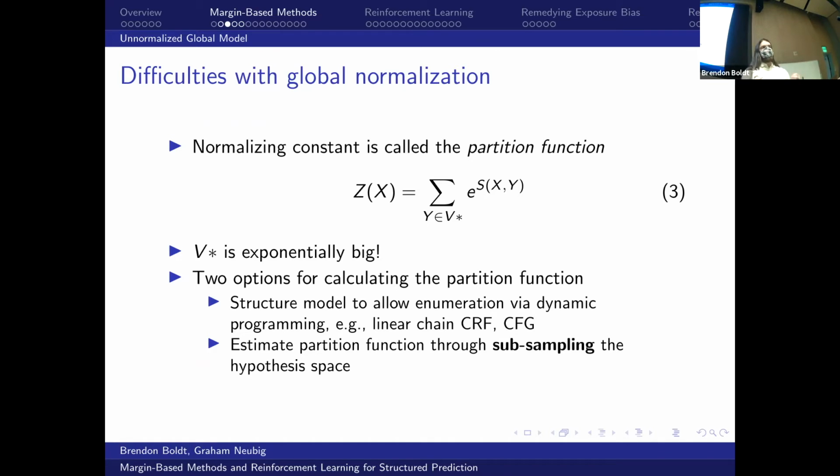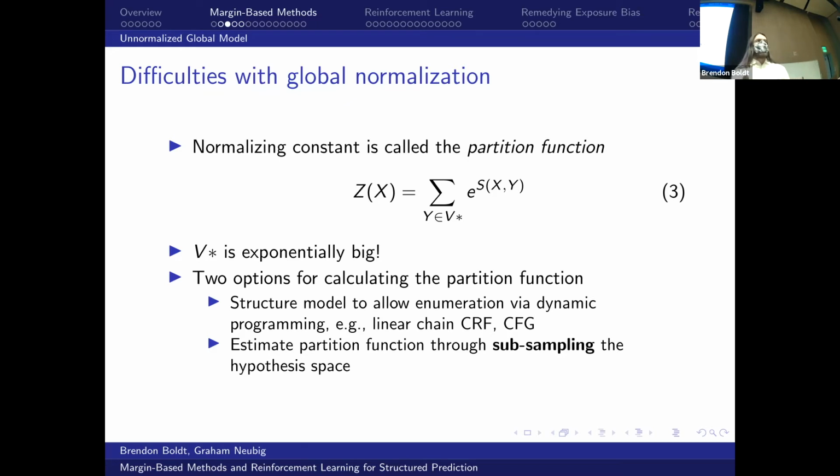So we have to fall back to one of two methods for calculating this partition function if we want to use a globally normalized model. If you're using something like a conditional random field where you have a restriction on the conditions, namely a linear one, it's possible to use dynamic programming and some clever mathematics to actually calculate this partition function without naively iterating through everything.